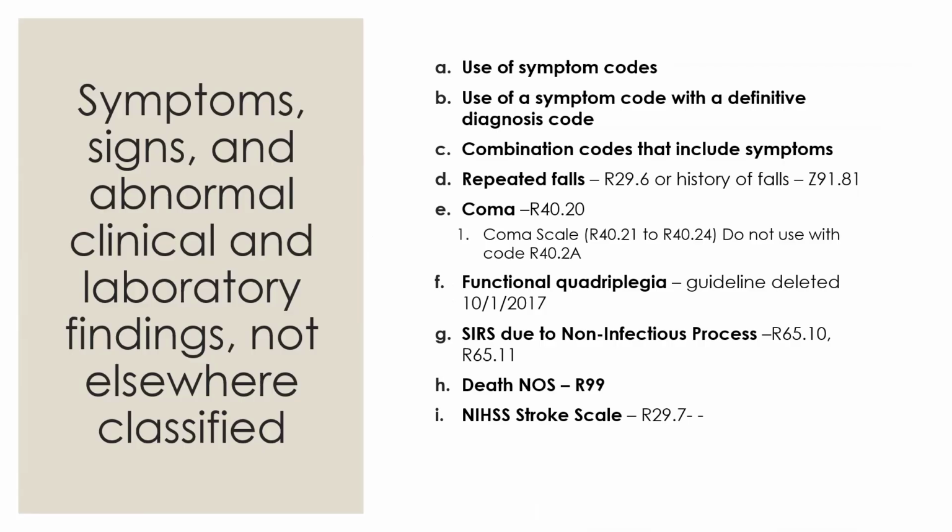At a minimum, report the initial score documented. If desired, a facility may choose to capture multiple stroke scale scores. For more information on this, see section IB14 for NIHSS stroke scale documentation by clinicians other than the patient's provider.